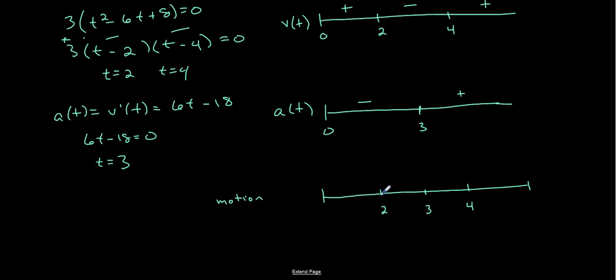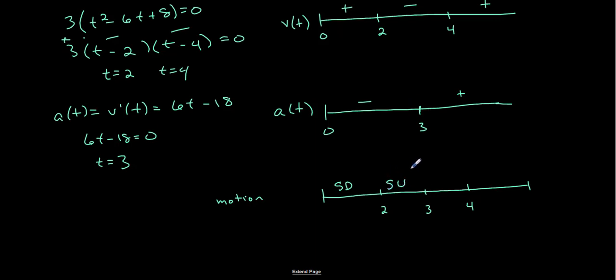All right, between 0 and 2, positive velocity, negative acceleration. So are we speeding up or slowing down? Slowing down. SD, slowing down. Between 2 and 3, after 2 velocity is negative. Before 3, we're negative acceleration. Speeding up.